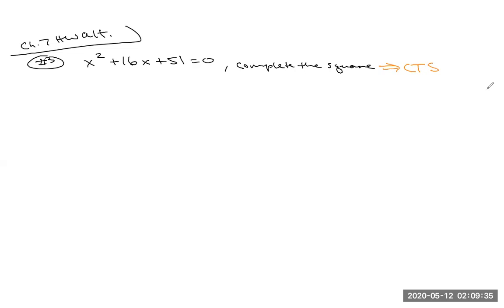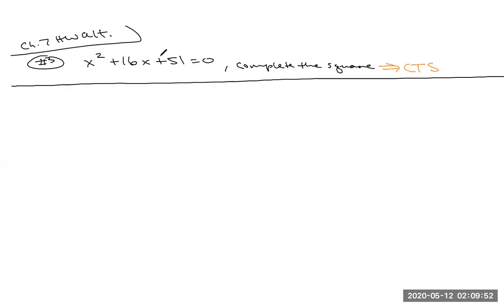So I'll try to write the steps out in words on the side so that you'll understand what I'm doing throughout this process. Okay, so first thing, we're going to subtract the c value over to the other side so that we just have x squared and x terms only on the left side. So let me put this in words.